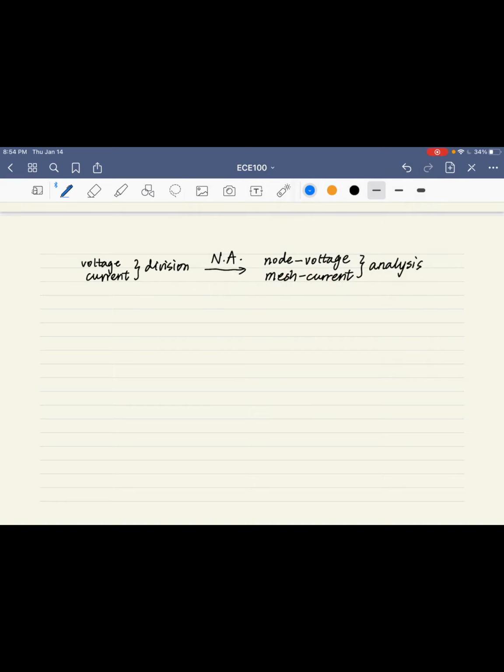You will agree with me when you see this circuit. First, let's try to solve it by using only voltage or current division. In that way, we need to find which resistances are in series or in parallel.